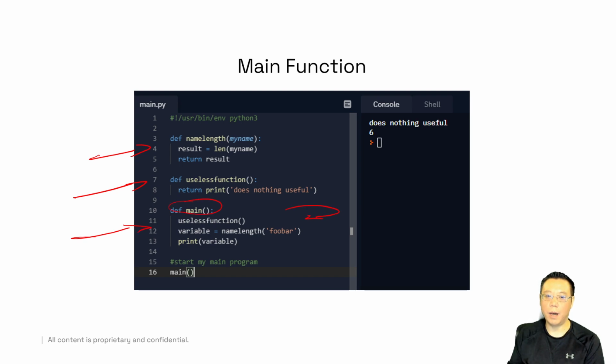And now I call my useless function as well as my name length function and print the variable. My driver code, however, if my main function is based on other functions calling up here, it won't actually do anything until I call main by itself.